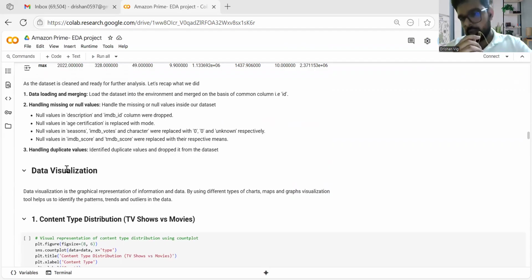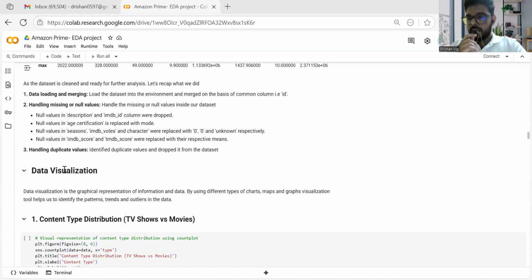Data visualization, in simpler terms, means the graphical representation of the information in the data which we cleaned in the above process. By using different types of charts, maps, and graphs, visualization tools help us identify the patterns, trends, and outliers in the data.